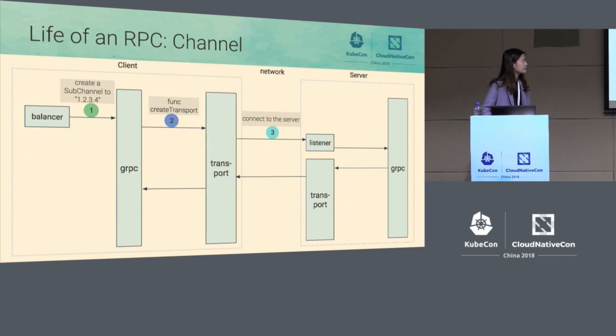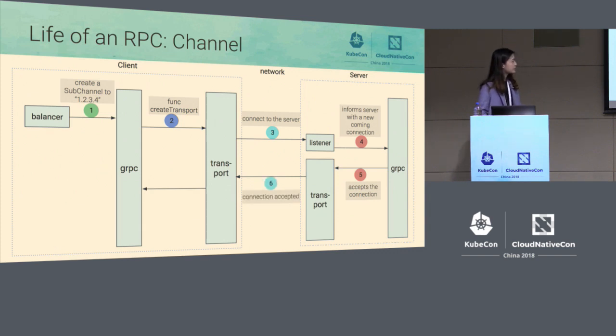Then the server side receives the signal that there is an incoming connection request. It will pass the info along to gRPC, asking whether you want to accept it or not. And gRPC will decide, okay, let's accept the connection. The transport will pass the accept signal back to the client transport.